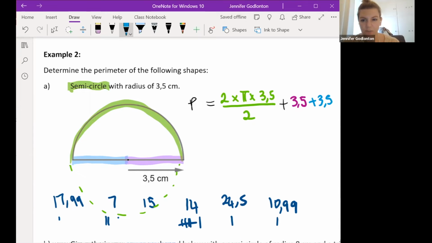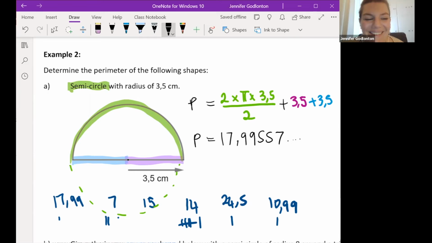So we can say 2 pi times 3.5 over 2. I'm just going to write that in over here. And then plus 3.5 plus 3.5. And we get the beautiful answer of 17.99557, on and on and on.